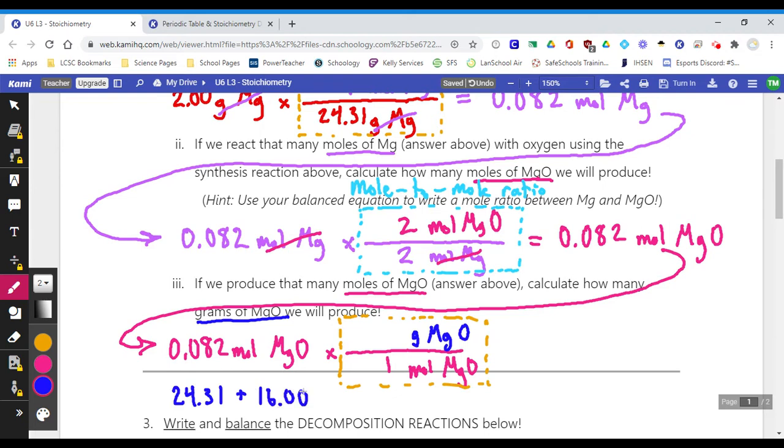All right, so 24.31 plus 16.00 should come out to be about 40.31 grams of MgO in 1 mole of MgO. Okay, so there's our conversion factor. This will help us cancel out moles of MgO. It should get us to grams of MgO. And again, this single step is something we have done before, just like the first one was. There's nothing really new there.